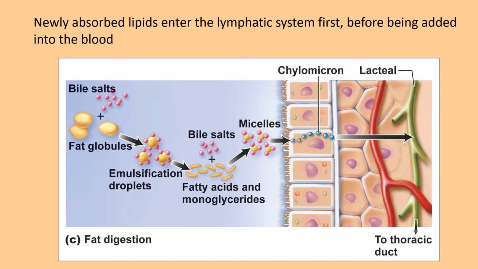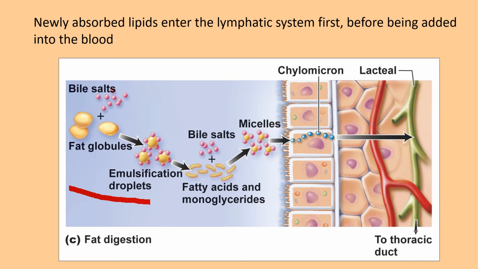The way that fats and fat-soluble nutrients get absorbed is a bit more complex. So let's start by examining what's happening in the lumen of the small intestine here. So we have our emulsified fat droplets, and we see that they're emulsified because they're coated in bile salts. These tiny droplets of fat are coated in bile salts.